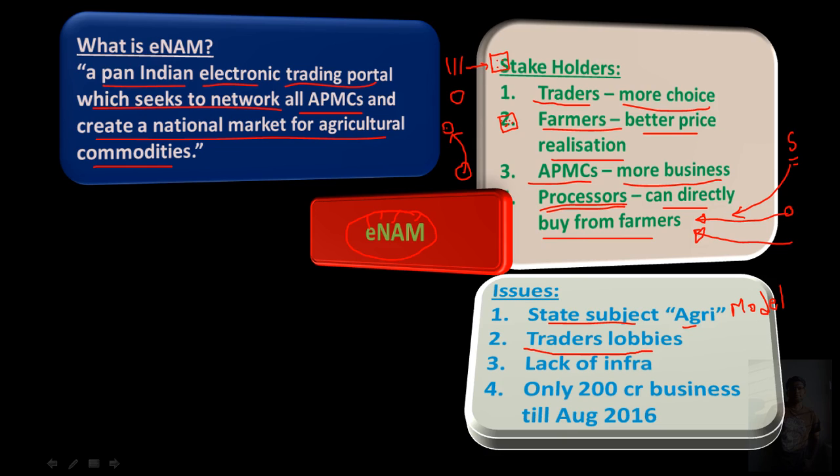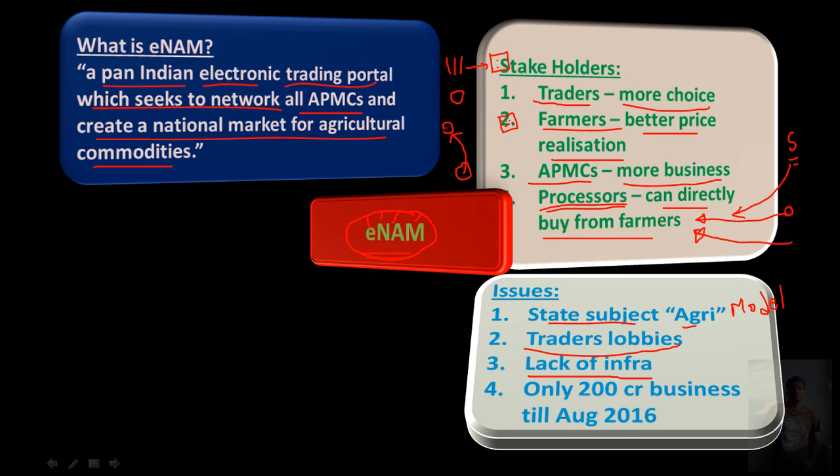Secondly, trader lobbies are trying all out to defeat this legislation because if this gets really activated, then it will decrease the monopoly of the traders in deciding the prices as per their convenience. So the trader lobbies are up in arms against this e-NAM.